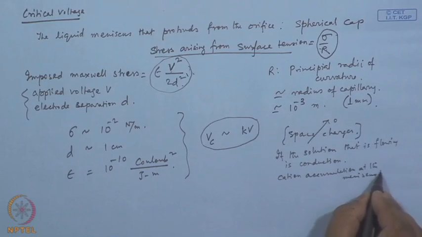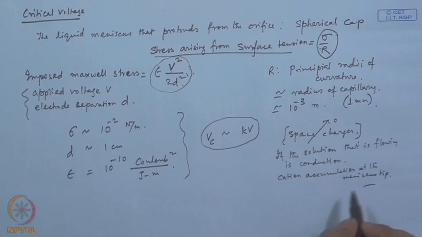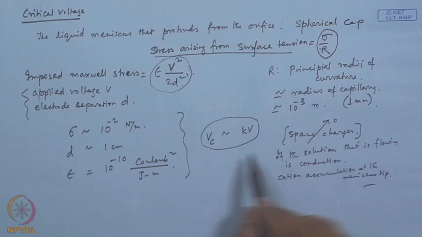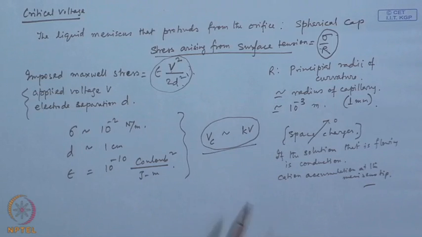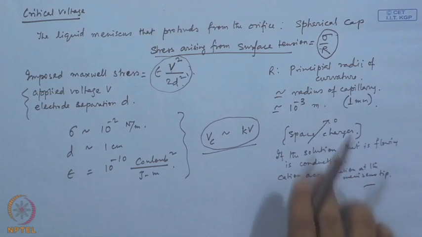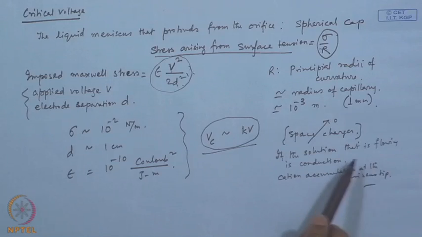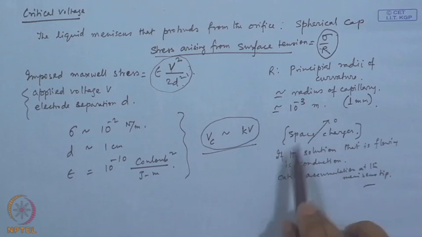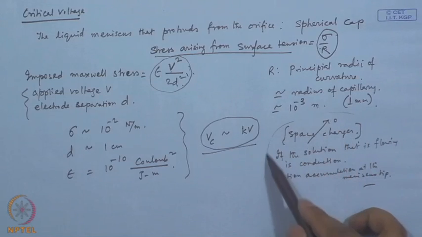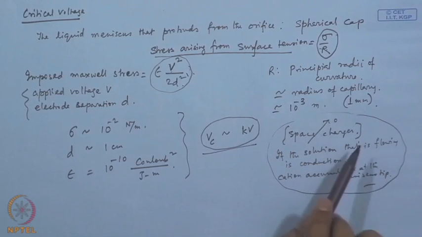So there would be some change to this critical voltage. For a conducting solution, if the solution that is flowing has its own space charge, that will affect this analysis.